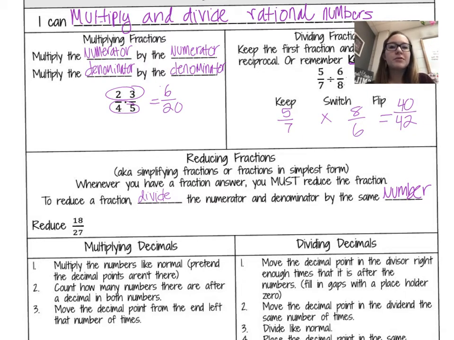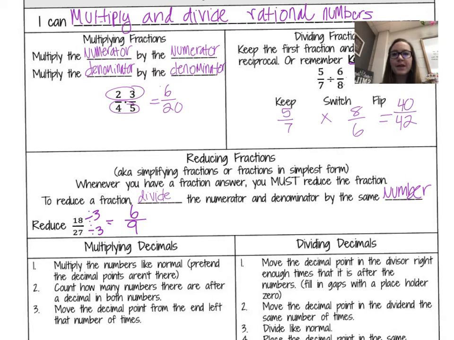So if I'm going to reduce 18 over 27, I'm going to think, what can I divide both 18 and 27 by? Well, I know I can start with 3. Okay, 18 divided by 3 is 6. 27 divided by 3 is 9.